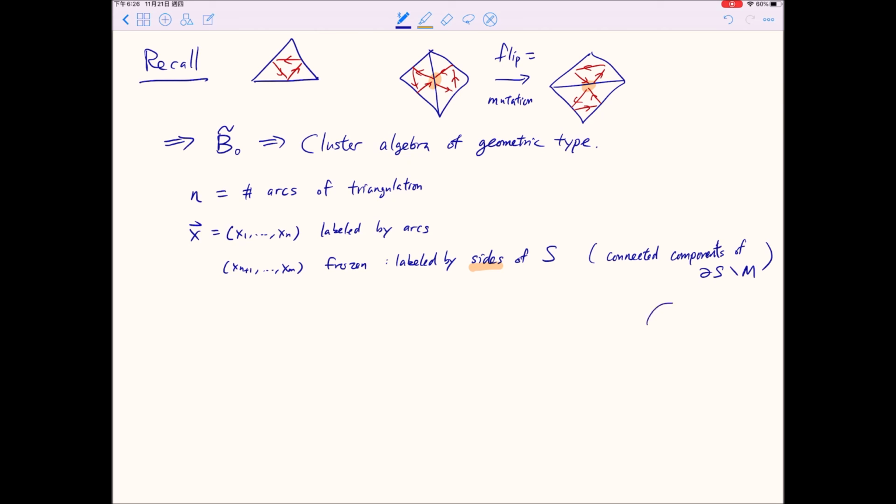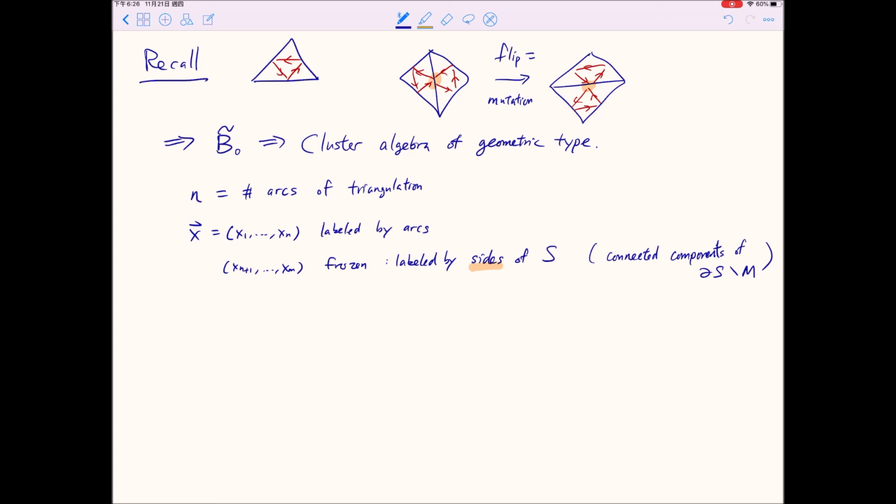So if you have a boundary and marked points, then the connected components will be these three. So three components. Right, so we start from a triangulation where every triangle is nice, and we can associate to it a quiver and obtain an extended exchange matrix and then a cluster algebra of geometric type.